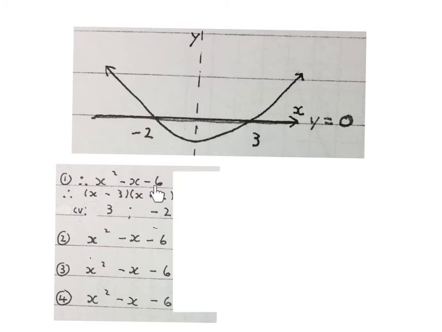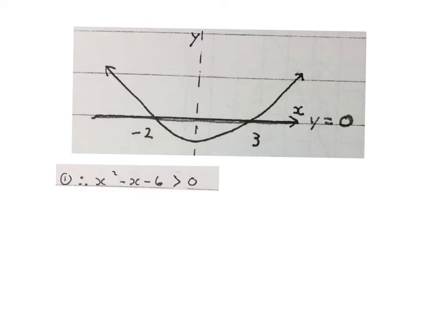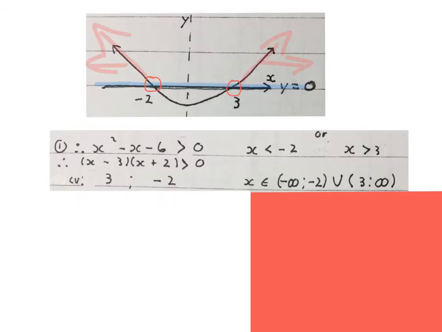Let's use one quadratic expression and see how the answers change as the inequality changes. The first one which we've done says where is x squared minus x minus 6 bigger than 0. Like we did, we factorized it, we got our critical values, we drew a happy parabola, we indicated the two critical values, and now it says where is it bigger than 0.